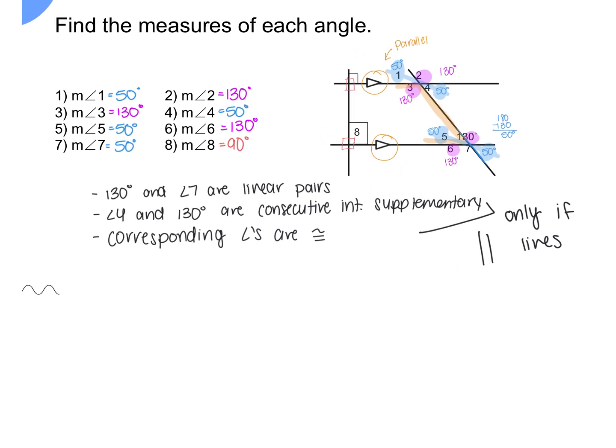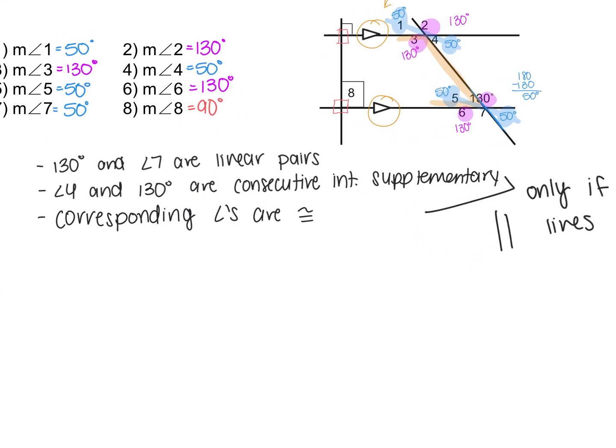Okay, you could only tell if those two are parallel lines. And then the last one we should know from previous lessons, vertical angles are congruent. So this is information that we should be able to tell. Keep in mind, these have parallel lines, so you have to be able to determine if they are parallel or not.